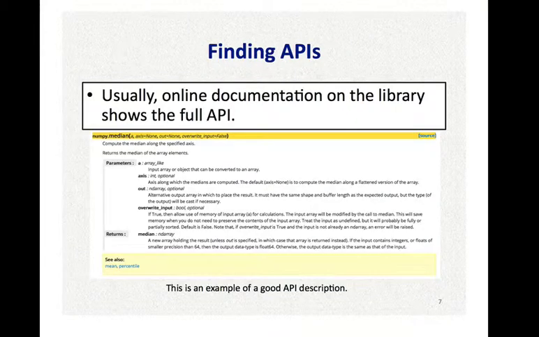Okay, we're continuing on with libraries here. The key thing you might be asking at this point is, how do I find the API and the description? Usually there's online documentation, particularly for the major packages such as NumPy. Here, for example, we come back to the idea of NumPy median.